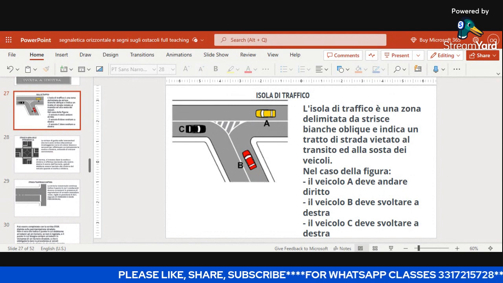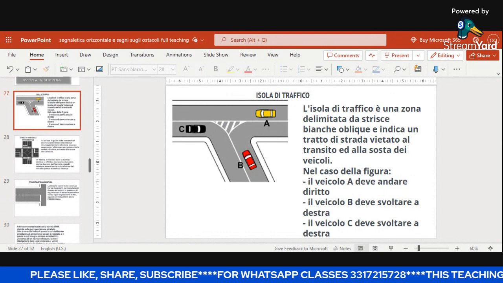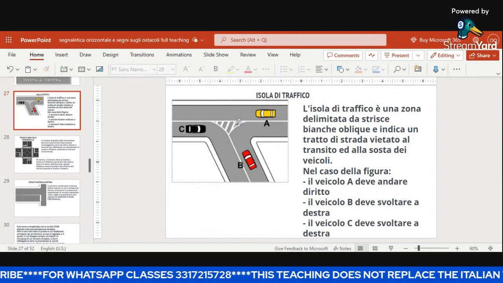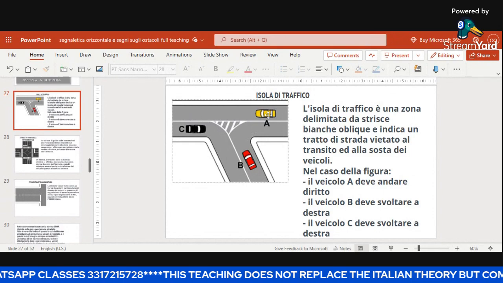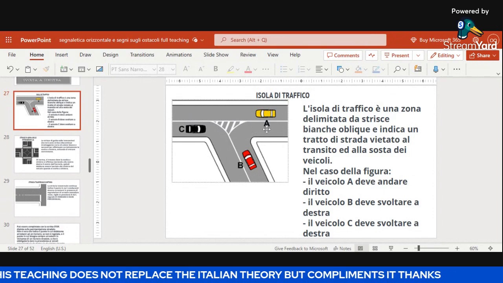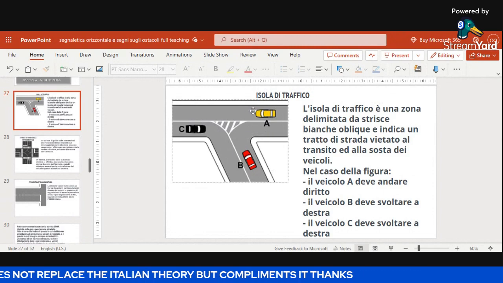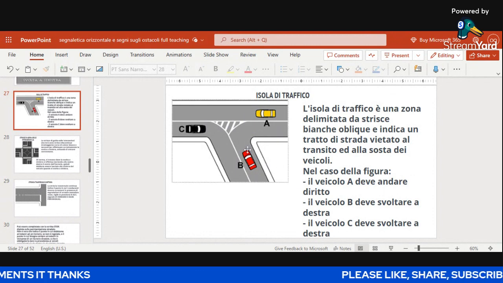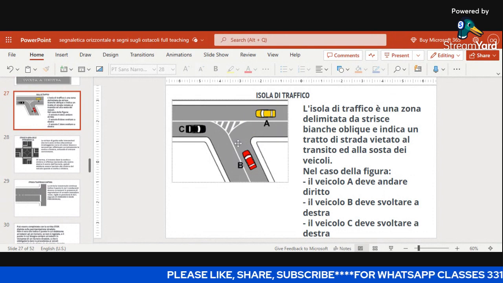Okay, now, il veicolo A deve andare dritto. This vehicle A must keep going straight. Vehicle A cannot do any turning. The yellow vehicle is vehicle A. Il veicolo B deve svoltare a destra. Vehicle B, which is the red one, must turn to the right.